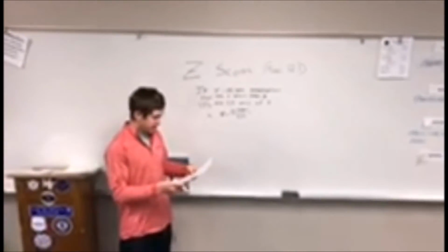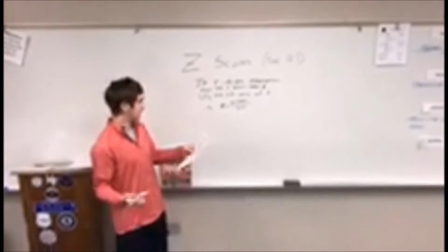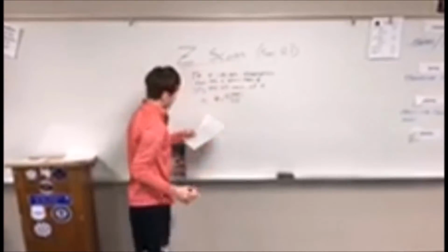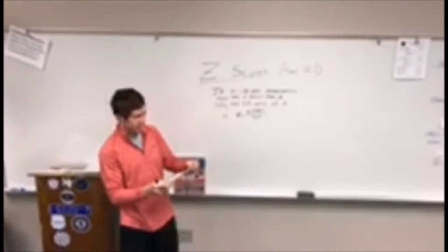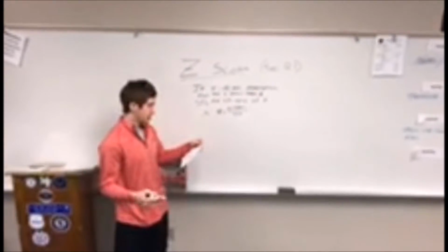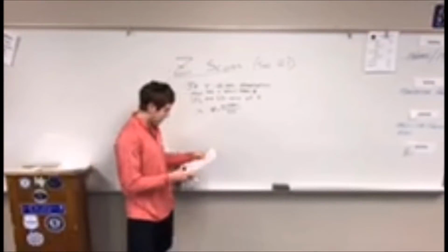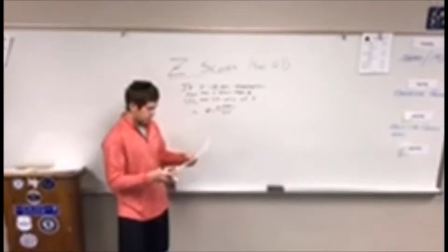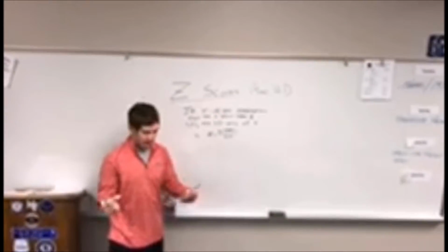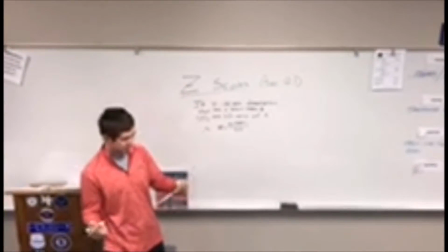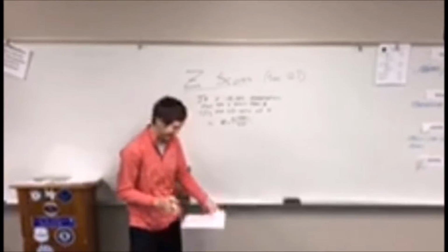A standardized value is often called a z-score, and to standardize a value, you have to subtract the mean of the distribution, then divide by the standard deviation. A z-score tells us how many standard deviations an observation falls from the mean and in what direction.